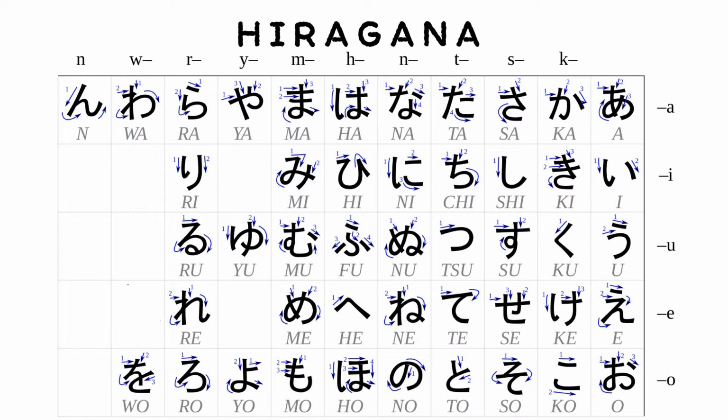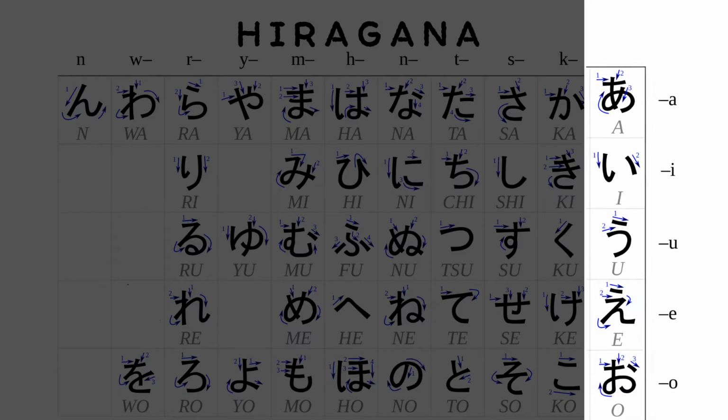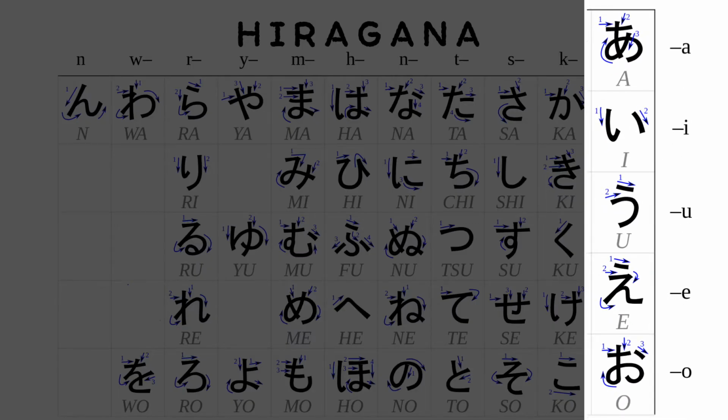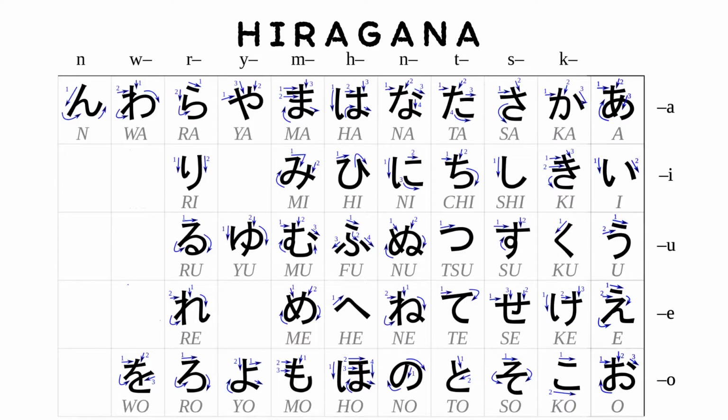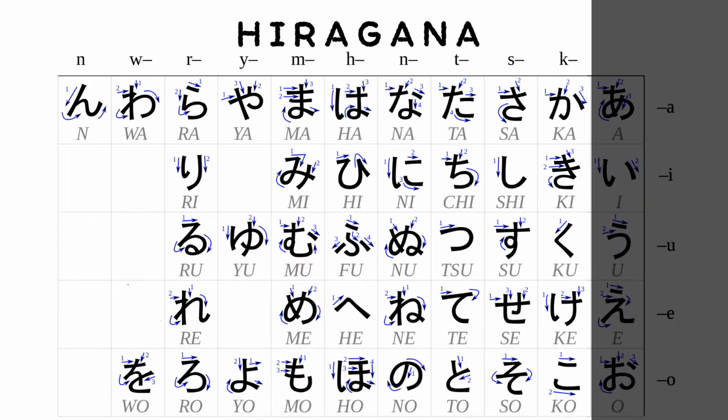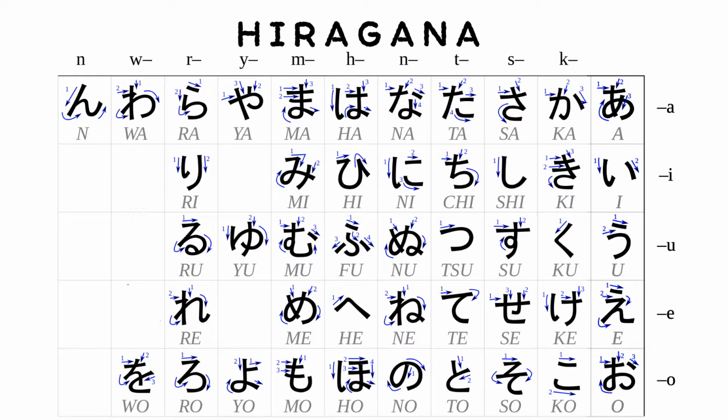In this column are the 5 vowels: a, i, u, e, o. And in the next column are the consonants. In learning how to write the hiragana, first we start with the vowels, a, i, u, e, o.